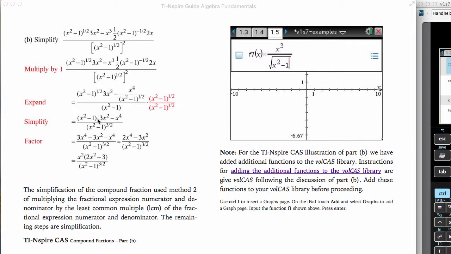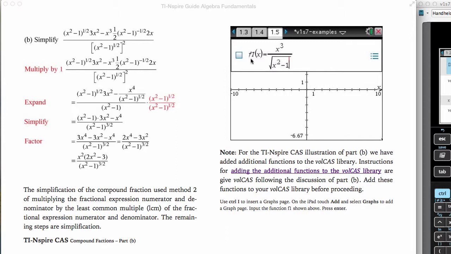Then we got 3x squared times this, and on the bottom, this will be a 1, which will be 2 over 2. So 2 over 2 plus 1 over 2 is going to turn out to be 3/2, and we end up with this answer. Again, we mentioned that this would be the bottom squared, the bottom times the derivative of the top minus the top times the derivative of the bottom.